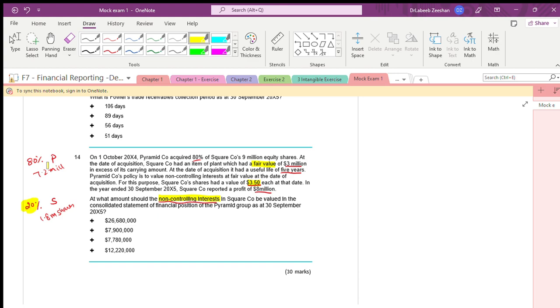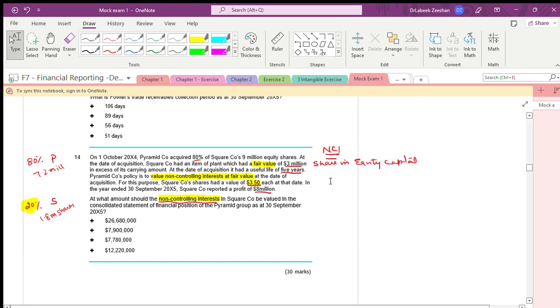The policy to value NCI is at the fair value. We have to focus only on the NCI, its share in equity capital.